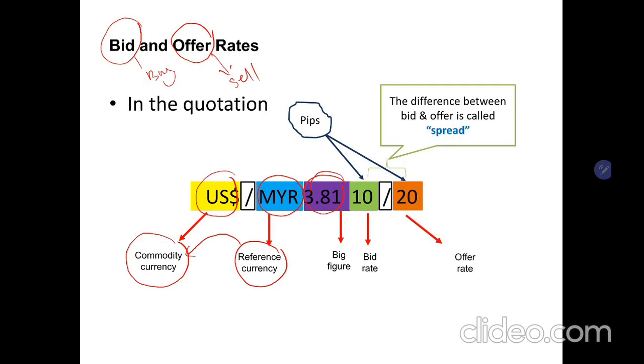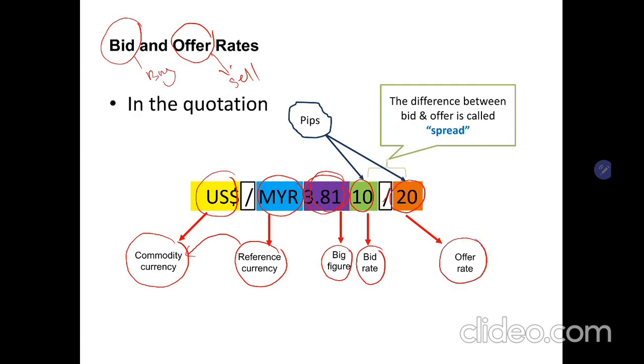The first three figures at the front of the quotation we call the big figure. The last two figures we call the bid or buying price, and the other price at the end of the quotation we call the offer rate or selling rate.